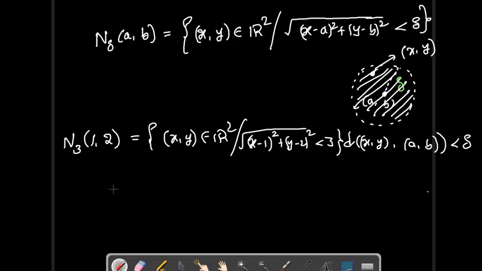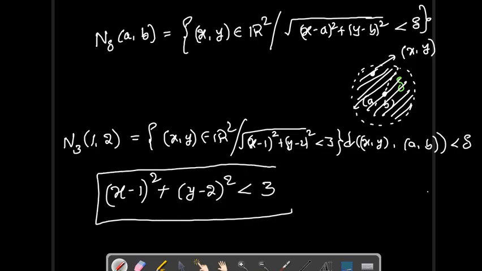So precisely this represents a circular disk centered at (1, 2) with radius 3. This is the neighborhood of (1, 2), and moreover we call it the 3-neighborhood of (1, 2).